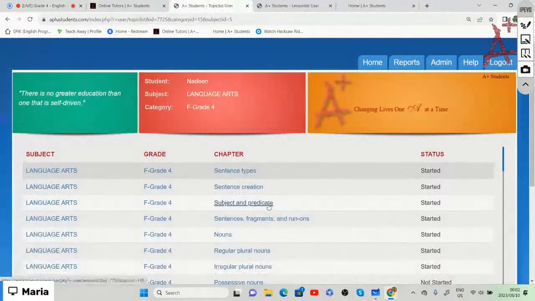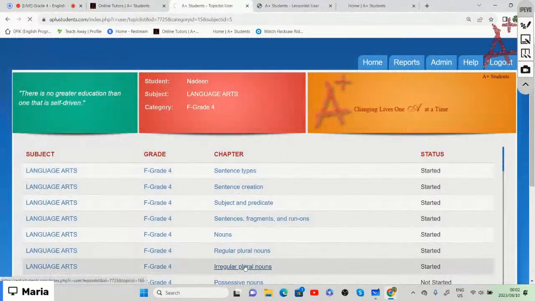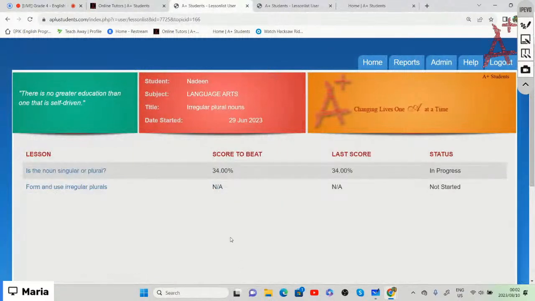Once we have chosen language arts, grade 4, we're going to scroll down until we get to the chapter of irregular plural nouns. So irregular plural nouns, right?